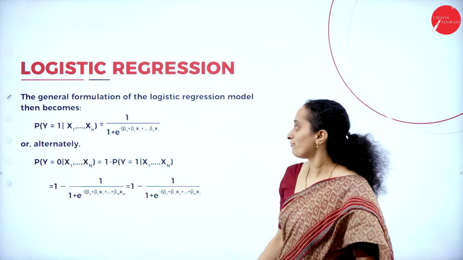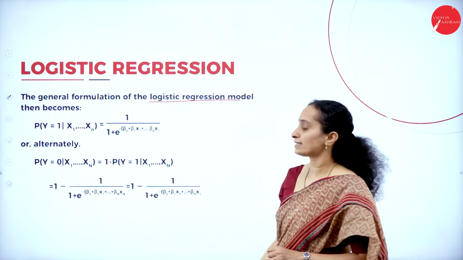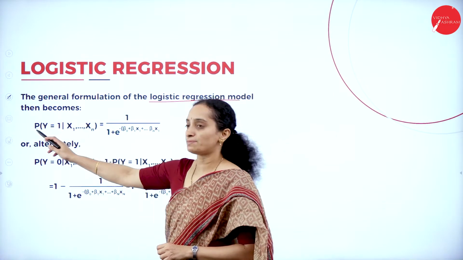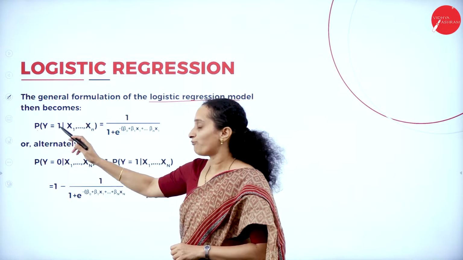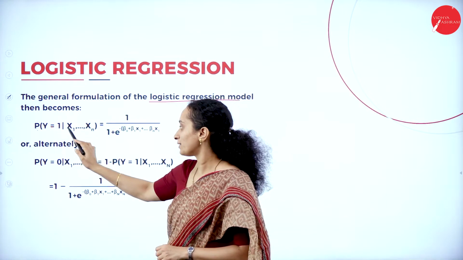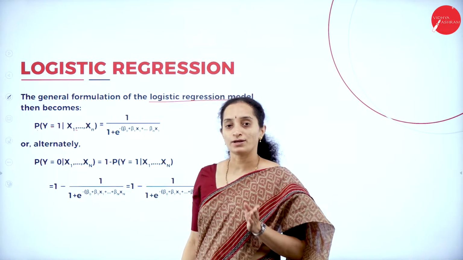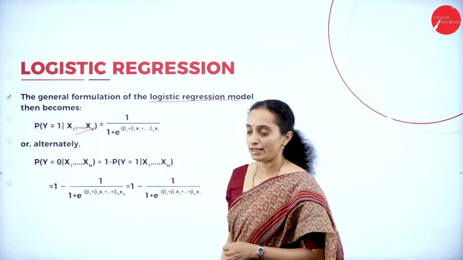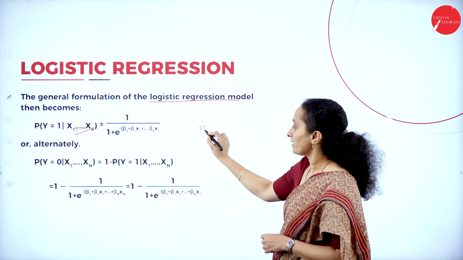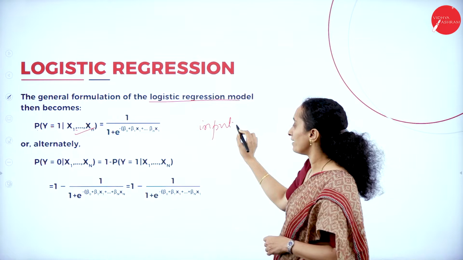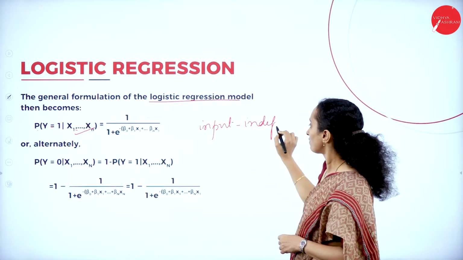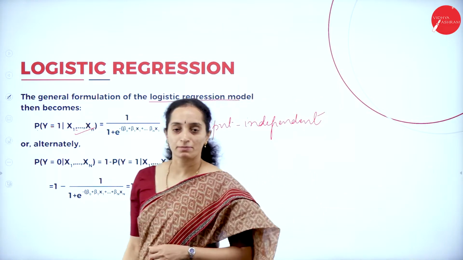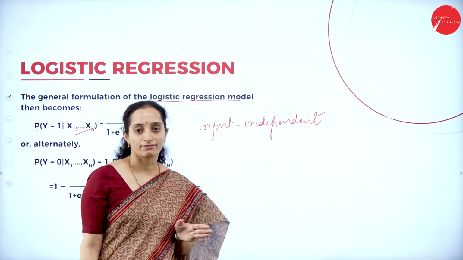Okay. So the general formulation of the logistic regression model will become P, the predictive value, of y equals 1 given the values x1 to xn. So these are the independent variables, or the input variables. Why are they called independent variables? It doesn't depend on other variables, isn't it?